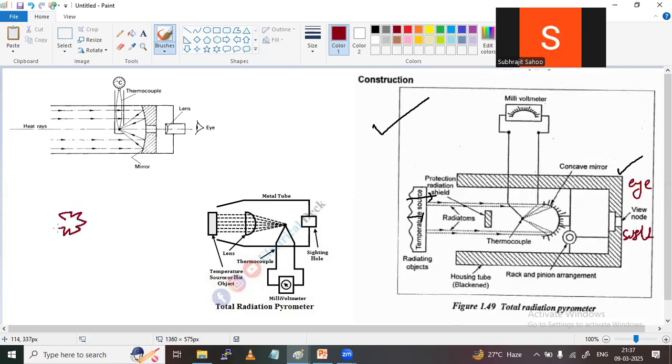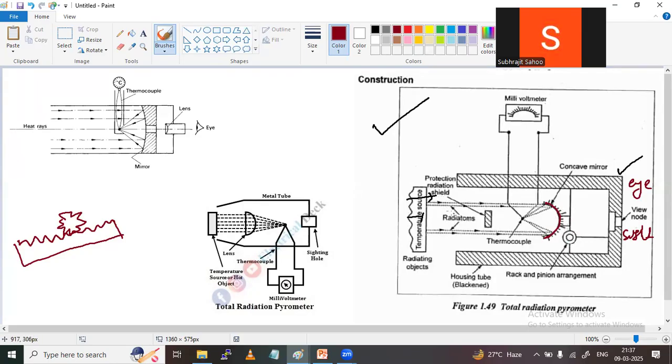A circular gear and a horizontal gear, like this. This type of arrangement is the rack and pinion arrangement. To this arrangement, the lens is attached. Why is it attached to the rack and pinion?